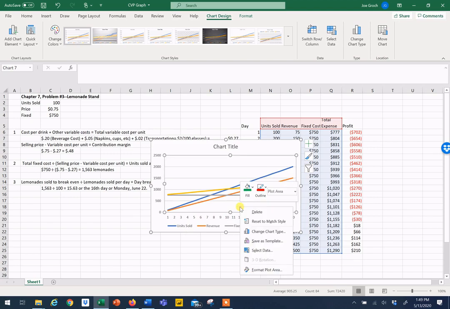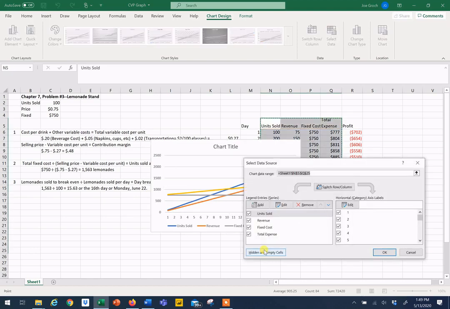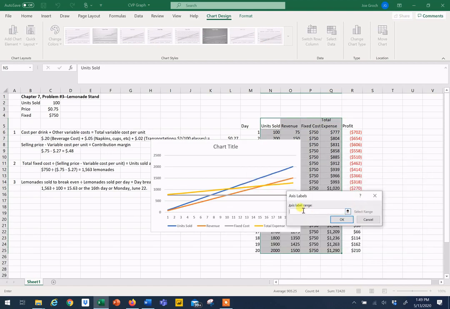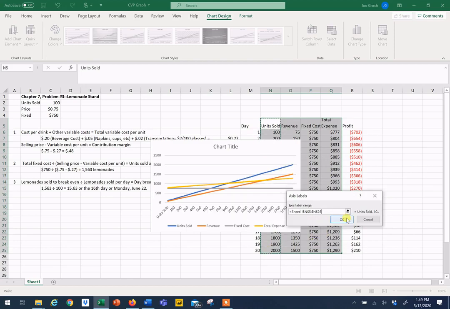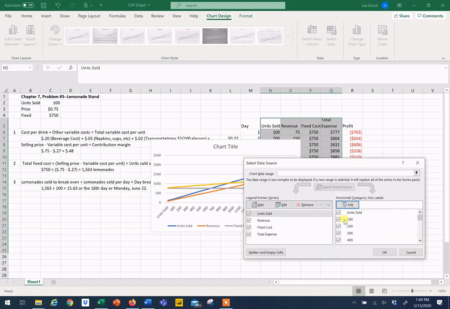So let's go over here, click on it, hit Select Data, and we're going to edit the units sold. Let's hit Edit here, and it asks what axis label range you want. We want the units sold, so we highlight that and hit OK, and you'll see that the units sold changed.